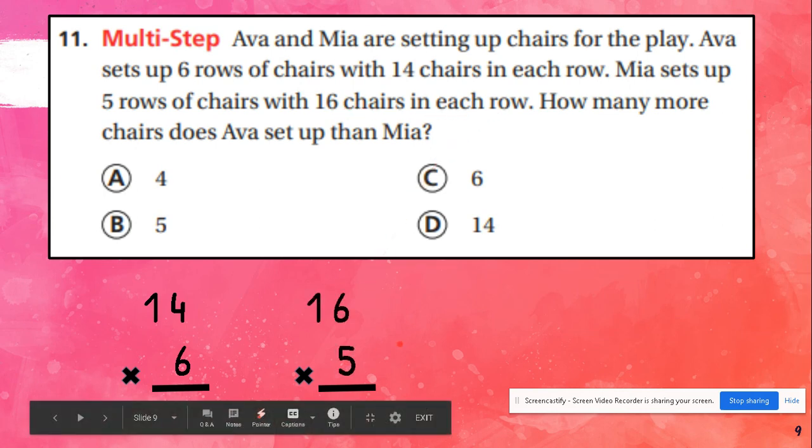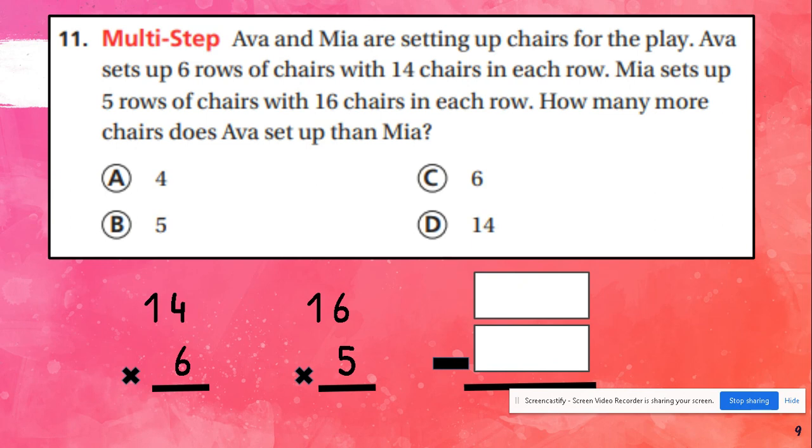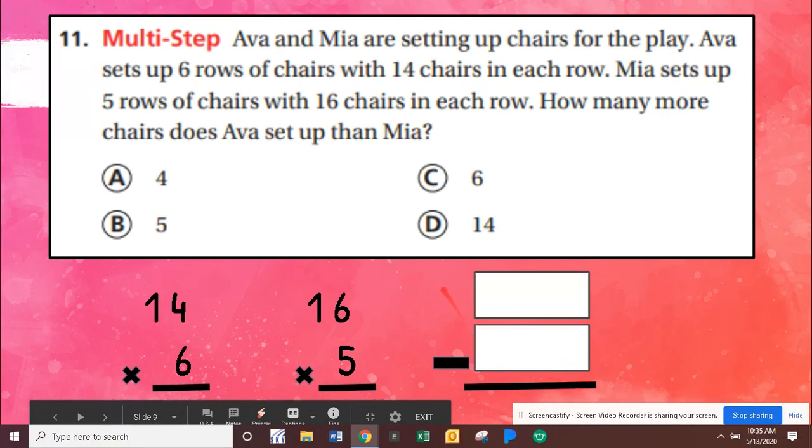So for Mia, she does 16 times 5. Our question, how many more chairs does Ava set up than Mia? Than, that's your clue word. How many more than? So what you're going to do is find your products and you are going to subtract. When you subtract, you will get your final answer.